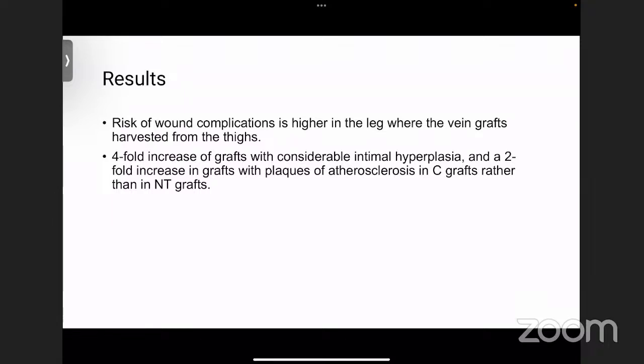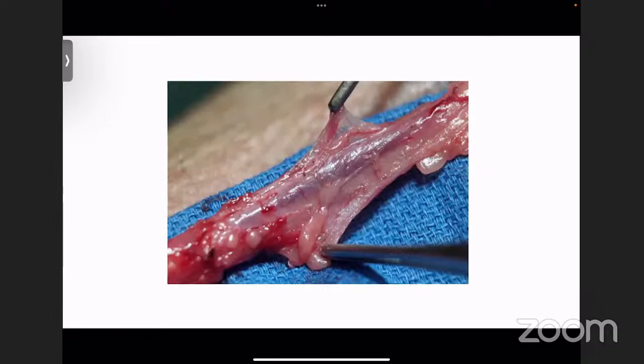Risk of wound complications was higher in the leg, where the vein was harvested from the thigh, and we had an increase, obviously, in intimal hyperplasia and atherosclerosis in the conventional grafts. And look at this graph, very nice graph. The pedicle hasn't been touched.